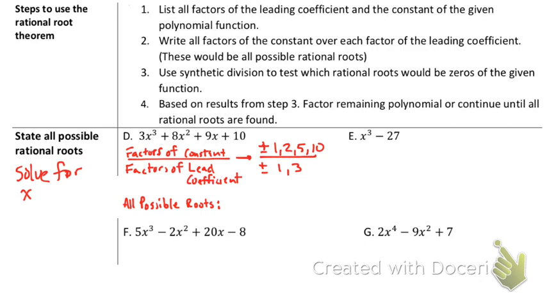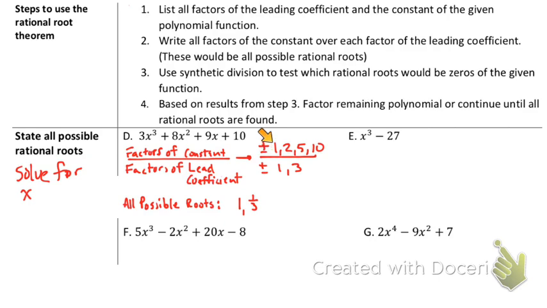Okay, so we're going to do this systematically. We're going to take the 1 divided by this one. 1 divided by 1 is 1. Okay, now we're going to take the 1 and divide it by the next bottom number. 1 divided by 3 is 1/3. So that's our next possible solution. So we're done with the ones. It divided by both of these.